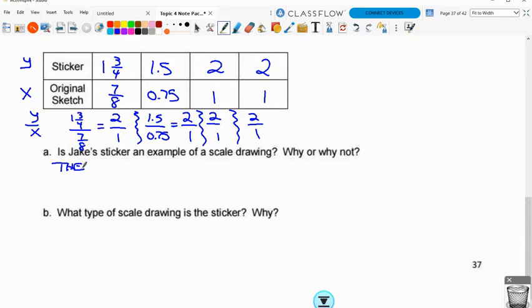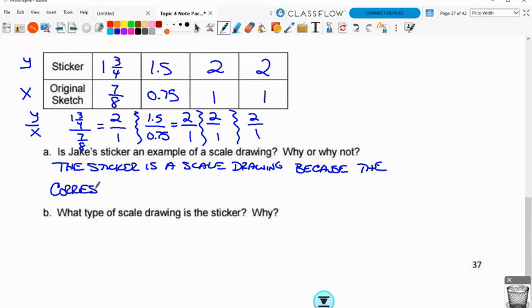The sticker is a scale drawing because the corresponding lengths, again, that means located in the same spot, the corresponding lengths are proportional.